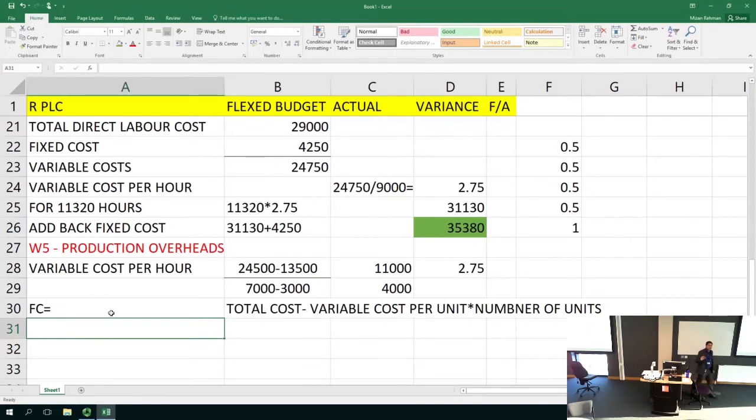To solve this equation, we need to choose an activity level. And again, we need to make a decision here. Which activity level to be chosen? The actual activity level is 11,320, which is above 10K, yeah? So that means the fixed cost will be different at 11,320 and 7,000 and 3,000.